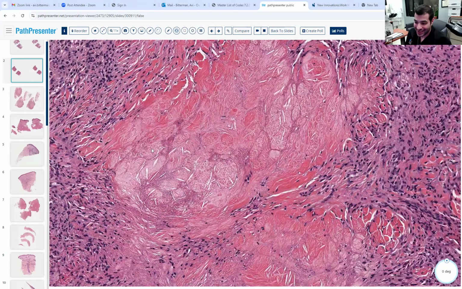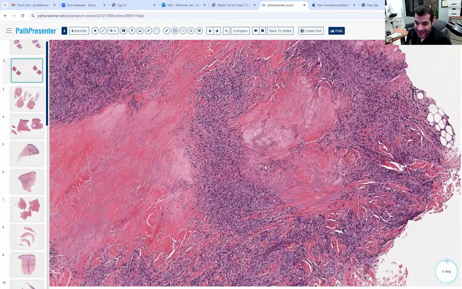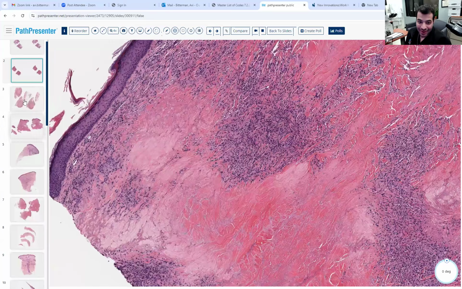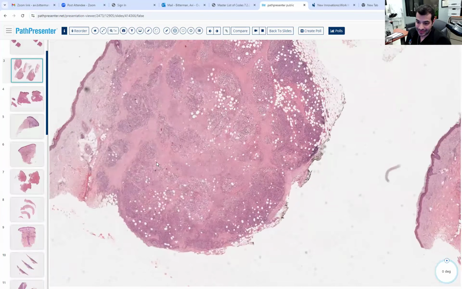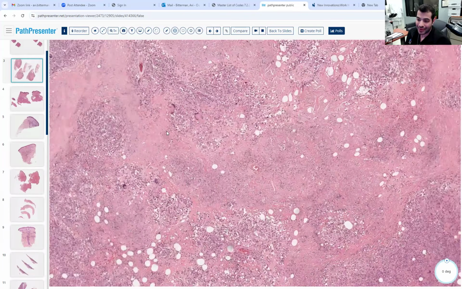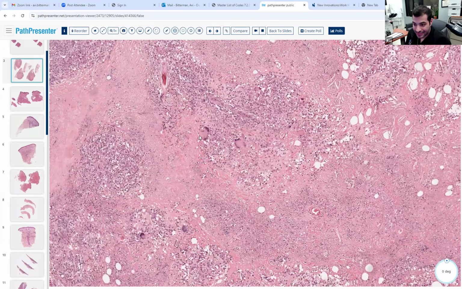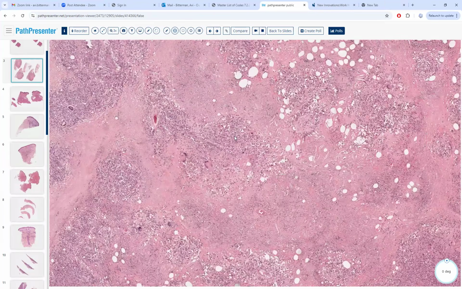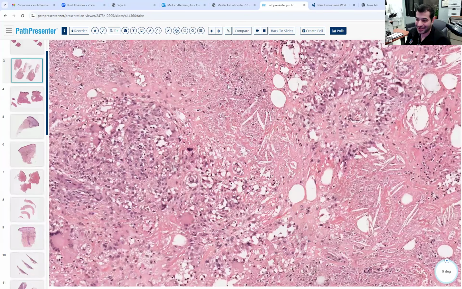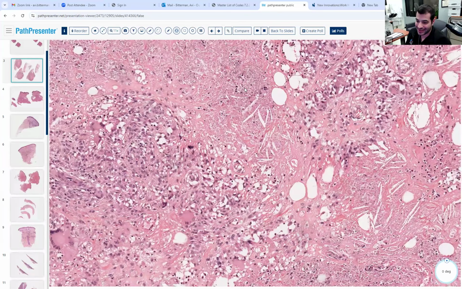So there are cholesterol clefts in here. And if I were to tell you this biopsy came from the same patient, what do we think? Wait, this biopsy came from the same patient? Same patient, same cholesterol clefts, just another biopsy from the same patient.